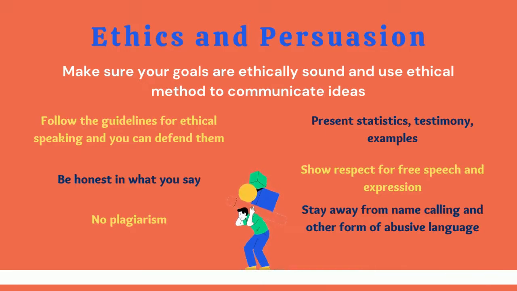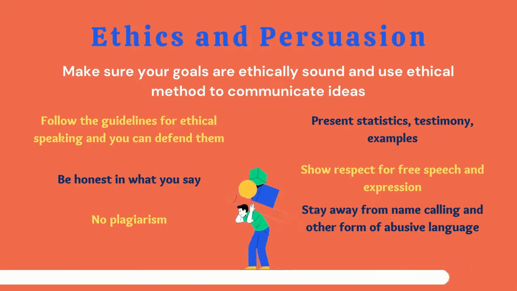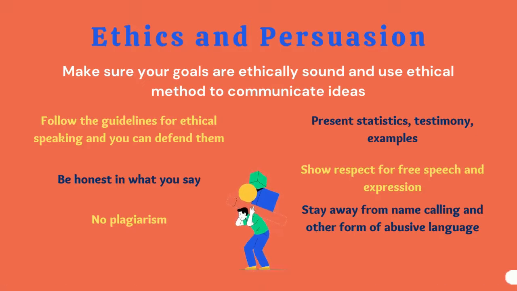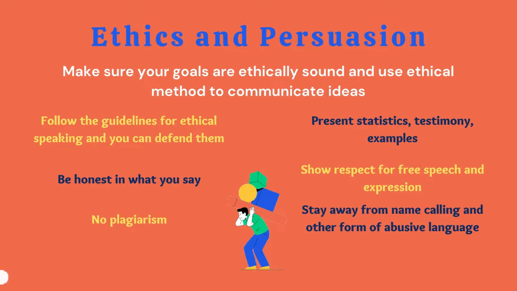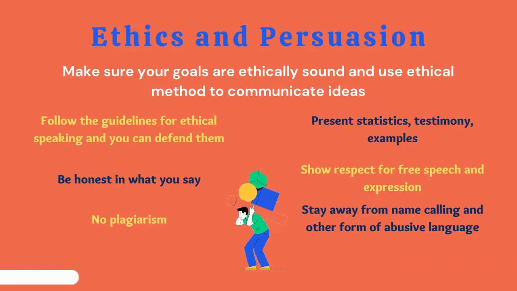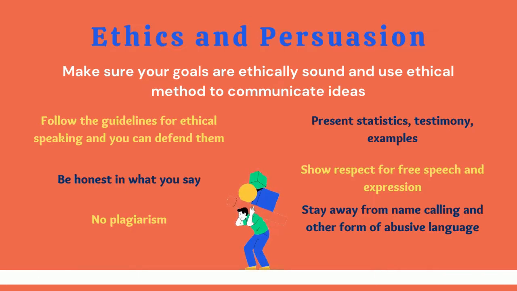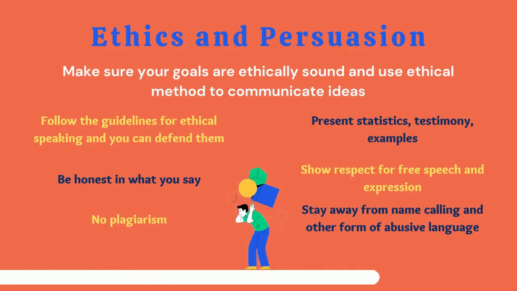Ethics and persuasion. Make sure your goals are ethically sound and use ethical methods to communicate ideas. You have to follow the guidelines for ethical speaking so that you can defend your ideas. You need to be honest in whatever you say to your audience. Please check your outline, your topic, and your subtopic to ensure there is no plagiarism in your speaking.